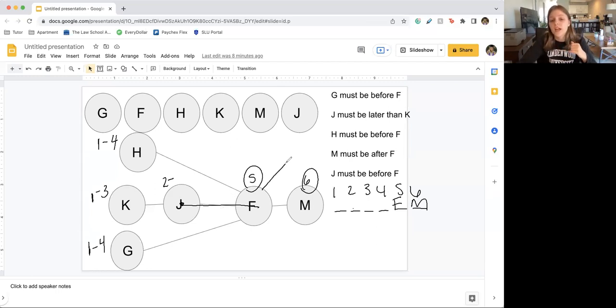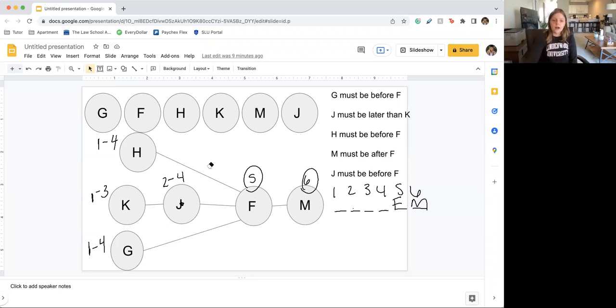If there was something that came off of F over there, we could totally pick up our pen and follow that path, but we can only go forward. So that means we have F and we have M, so 2 variables have to go after it. We've already talked about those variables. So the latest that it could go is 4, because that allows for F and M to come after it. So J has a variation of 2 to 4.